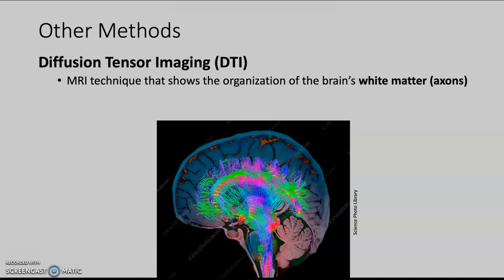Therefore, DTI reveals the organization of axon fibers that connect different brain areas, as shown here in color-coded axon bundles. DTI is also very sensitive to the detection of neurological disorders like Alzheimer's and MS.